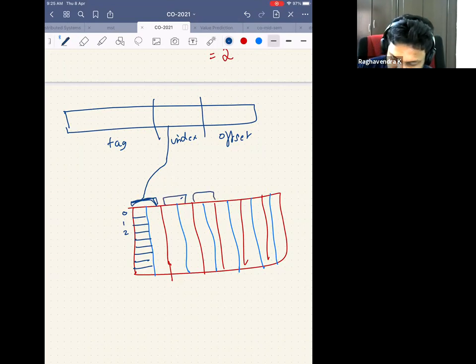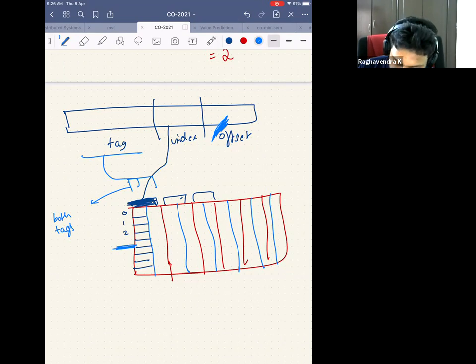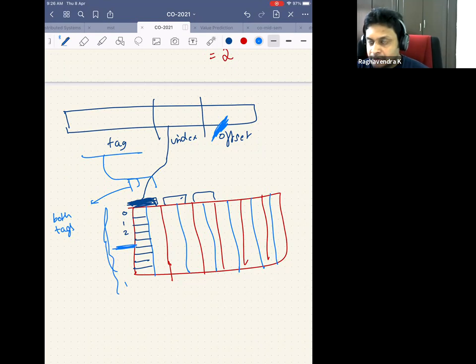Let's say the CPU picked this particular set. Now you use the tag to search in both, you search both tags. If it is a hit, you use the offset to read the particular byte. The offset is 6 bits, which means that it will differentiate between these 64 bytes and it will pick the particular byte. So this is how it works.